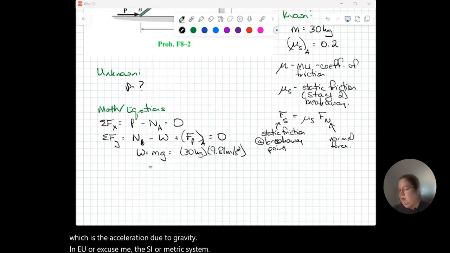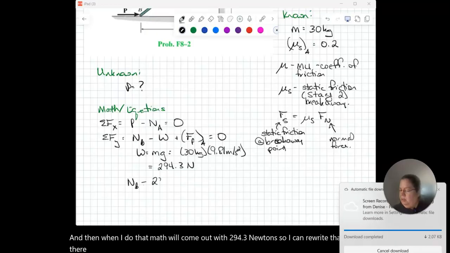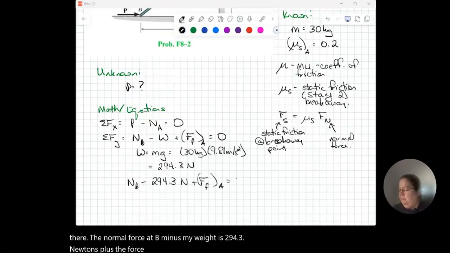When I do that math, we come out with 294.3 newtons. So I can rewrite that equation: the normal force at B minus my weight of 294.3 newtons plus the force of friction at point A.